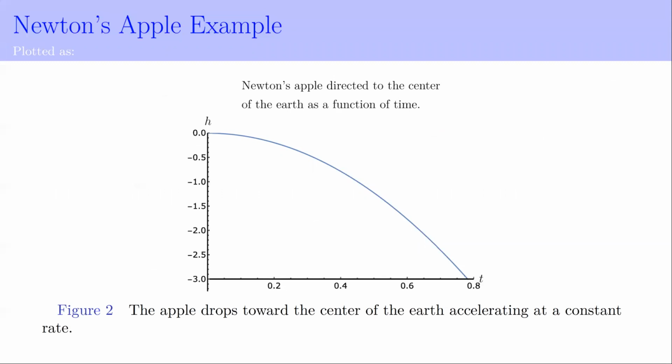If you show h as a function of time, it's a parabola. It starts at 0, drops down in about 8/10 of a second to minus 3, just accelerating faster and faster as it goes down.